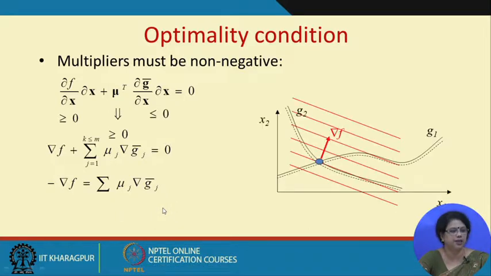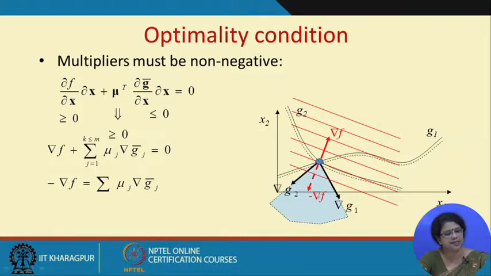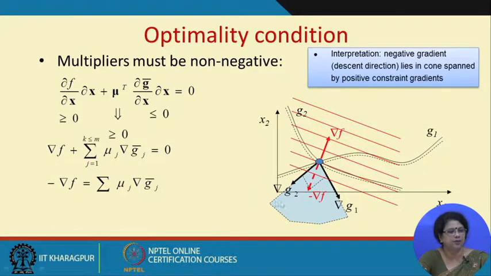Now, if we show it graphically, then these are grad of G1, grad of G2, and grad of f. Then from here this is minus grad f. If we consider this direction, this is the descent direction of the objective function, and we can say that this descent direction lies in the cone spanned by positive constraint gradients, okay.